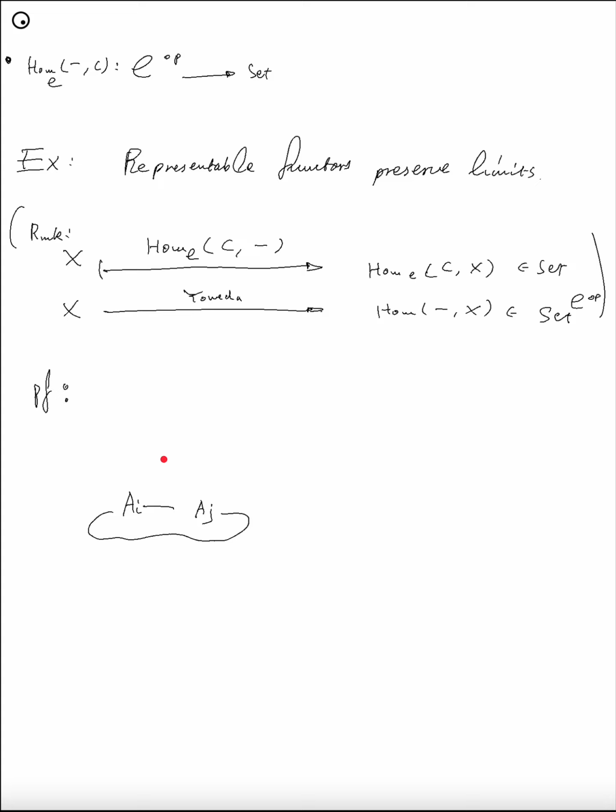And then you have a universal cone, let's denote by lim. And now we want to prove that after you apply the Hom functor, let's say Hom(C, -), then still this Hom(C, lim) is the universal cone, and so here it's in the category of Set.